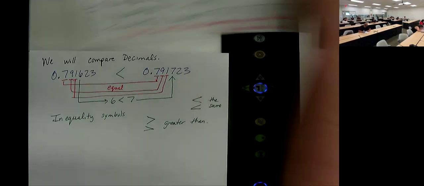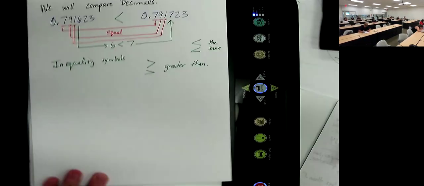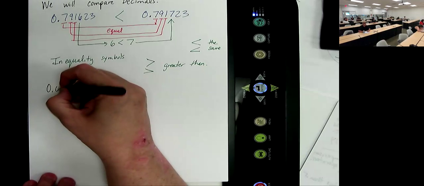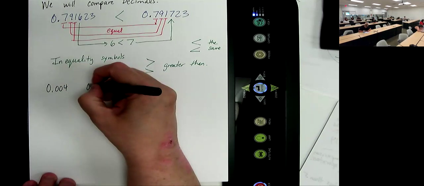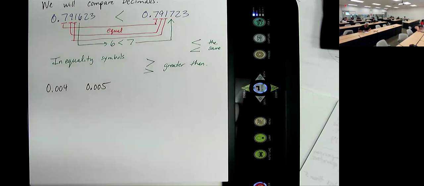So let's give you guys a couple to do. Compare 0.004 and 0.005. Should I use less than or greater than here and why?